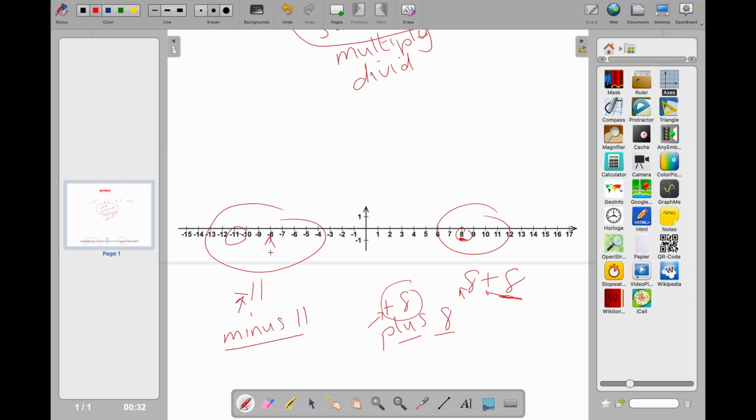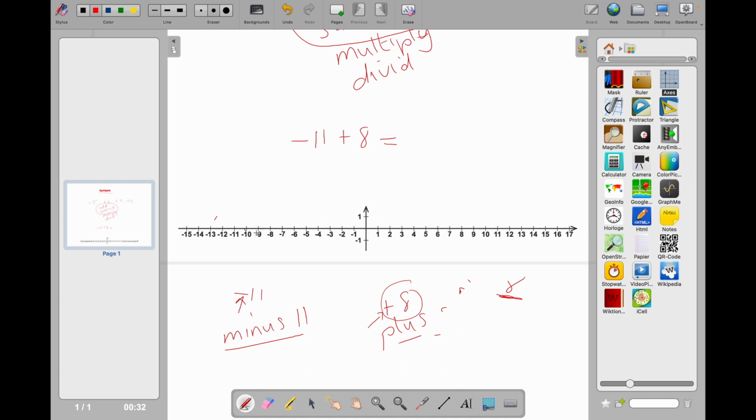So let's have some examples. Let me erase what I wrote on the number line. Now let's have an example: -11 + 8, and I want to find the solution to this problem.